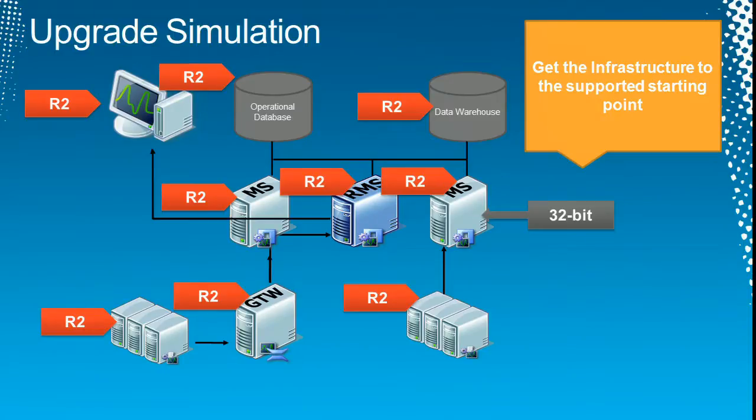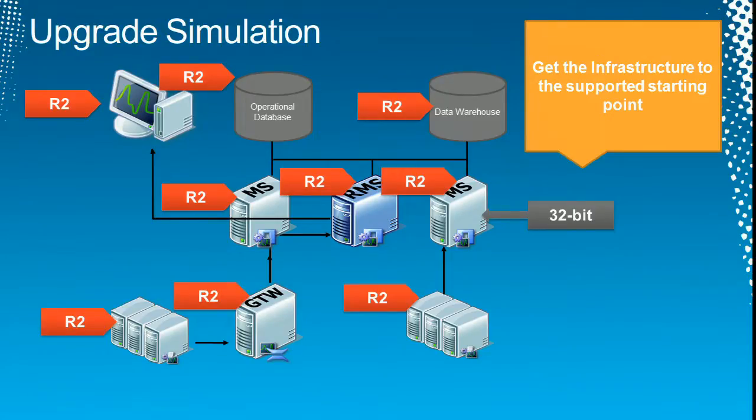You can see on the right-hand side, I have one machine that's still a 32-bit management server. It's maybe one of the first ones I deployed. And if you remember from the setup slide, we now require Windows 2008 R2, which is a 64-bit machine. So your first step, almost a precursor to beginning an upgrade, is to get your environment to a startable point.